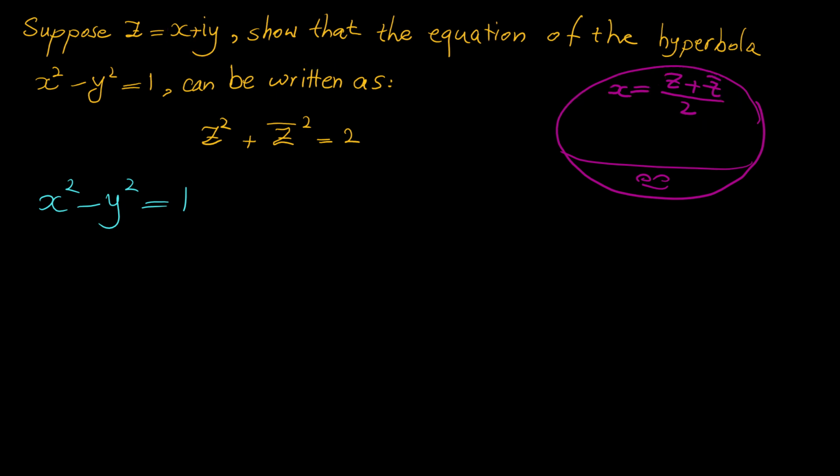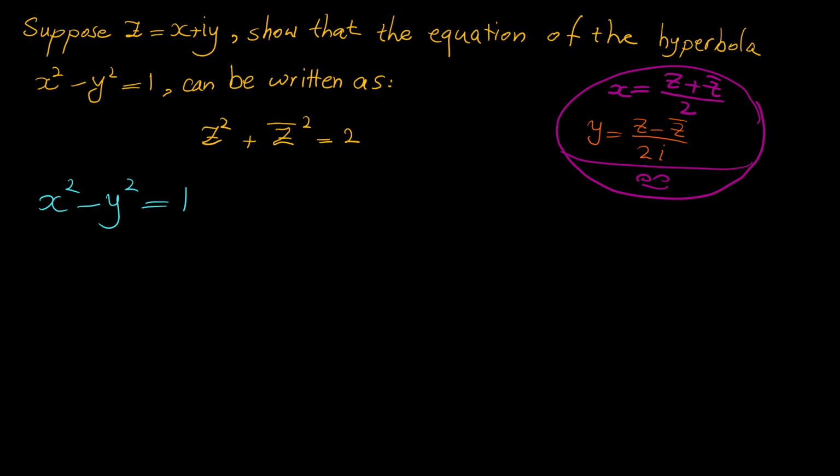And we have another relation similar to this for y, or imaginary part of a complex number. What is that relation, if you remember? That relation is this: y is equal to z minus conjugate of z over 2i.